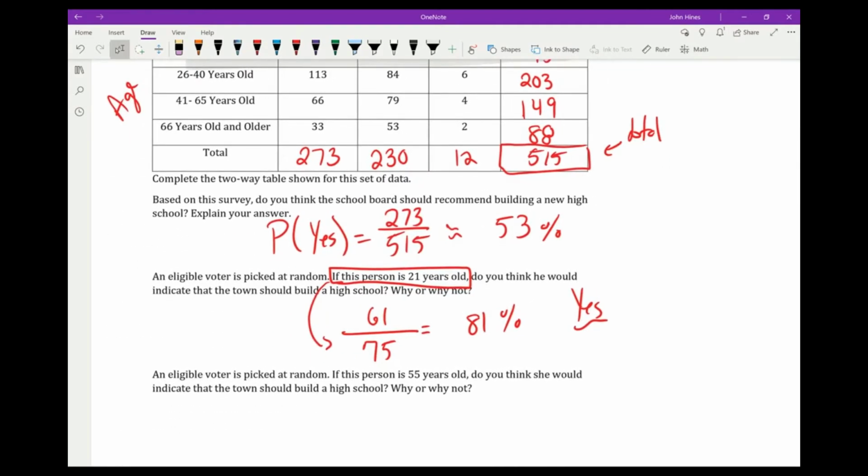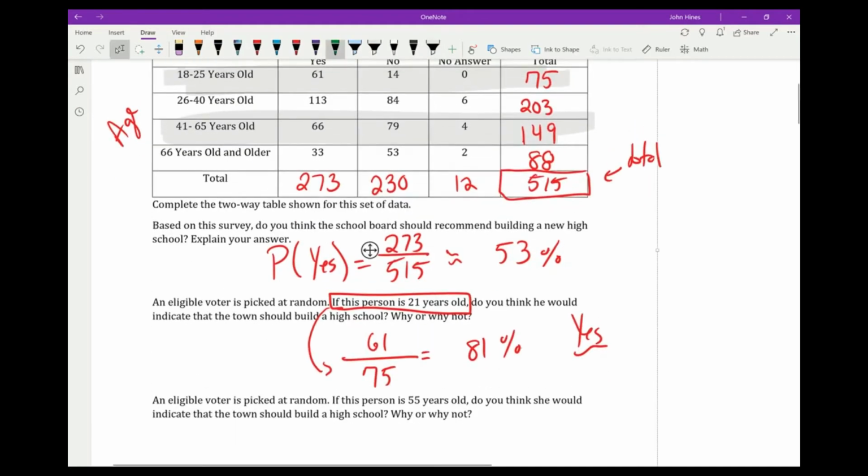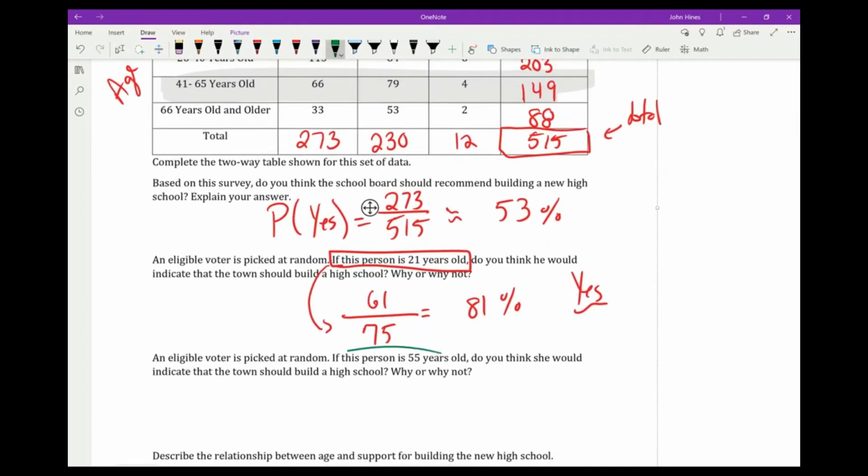And eligible voters picked at random. If this person's 55, do we think that she's going to indicate that she wants the new high school built? So they're 55, so what am I looking at? I know I'm picking from these people here. So my denominator, that 55-year-old, I'm only picking from those people.